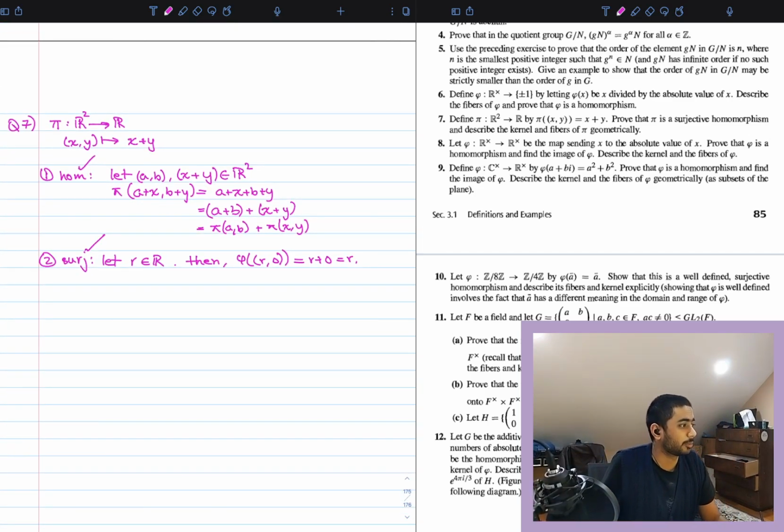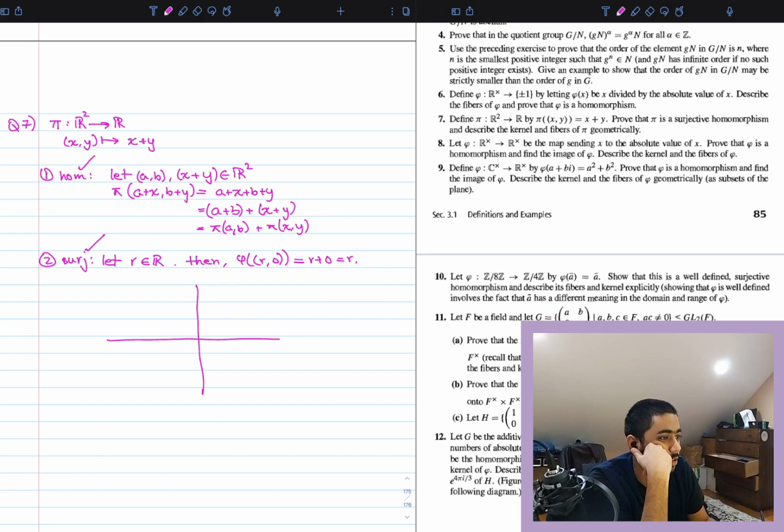And then we want to describe the kernel and the fibers geometrically. That should be fun. So let's draw a picture. Here's R2. And what is this really doing? It's taking this length and adding them together. So it rotates this. I guess this point gets sent somewhere here. I don't really have a really nice geometric way of doing this.